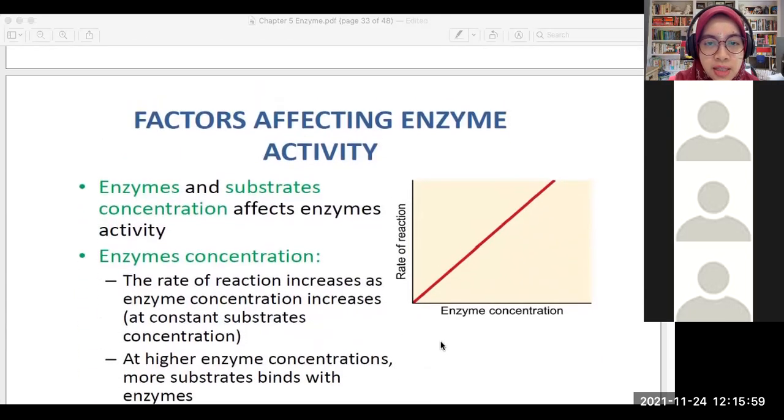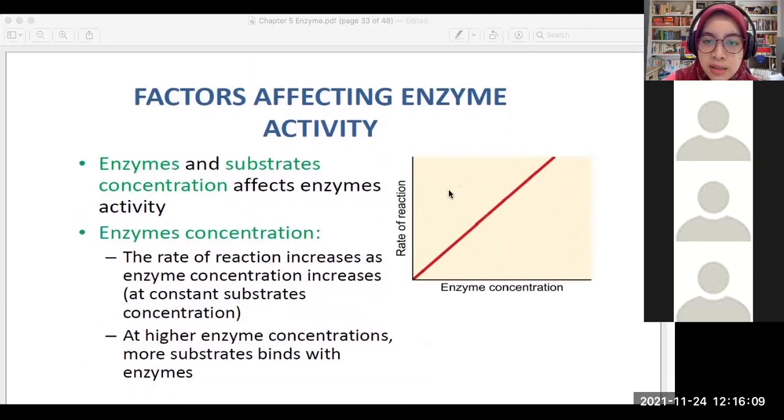All right, the next factor would be the enzyme and substrate concentration, or the amount of enzyme and the amount of substrate that we have. The first graph is rate of reaction against enzyme concentration, meaning the number of enzymes present. This graph is linear, meaning that as the number of enzymes increases, the rate of reaction will increase because more substrates can bind to the enzyme.